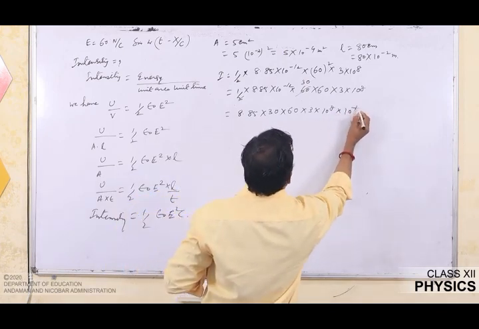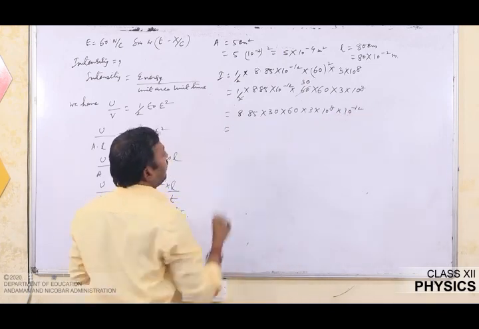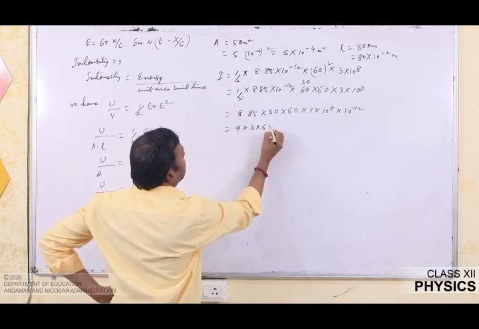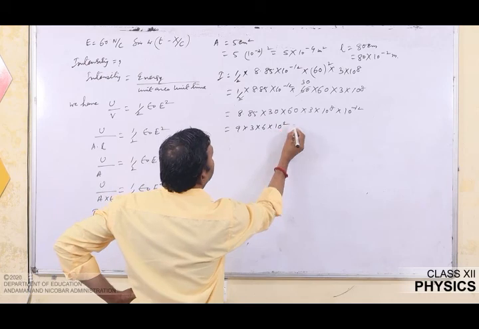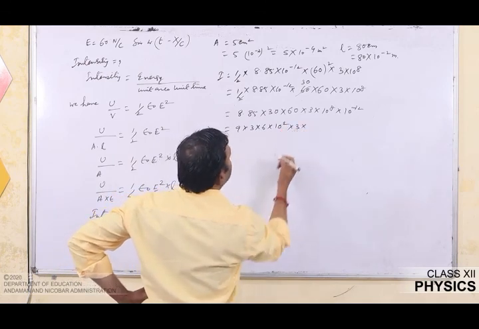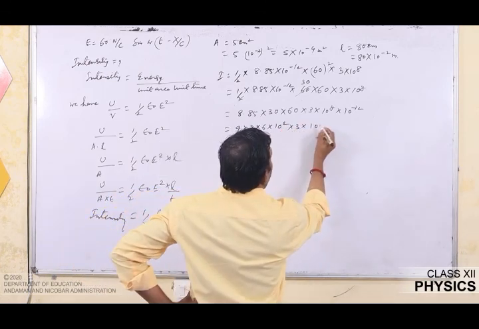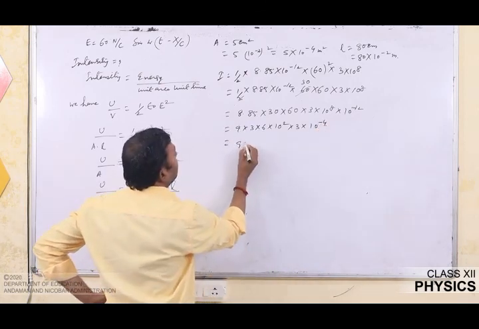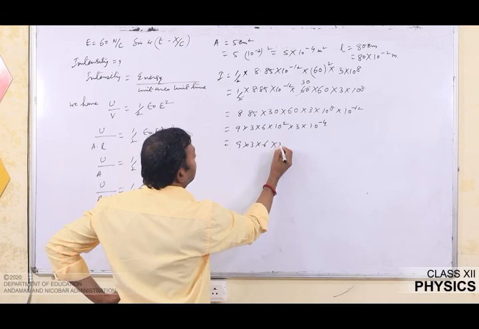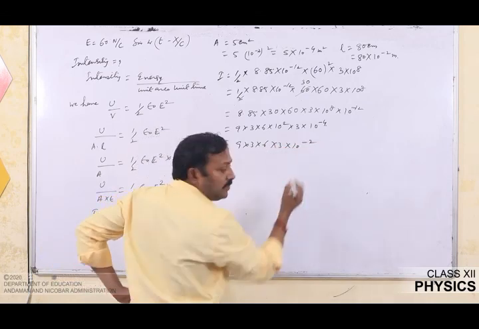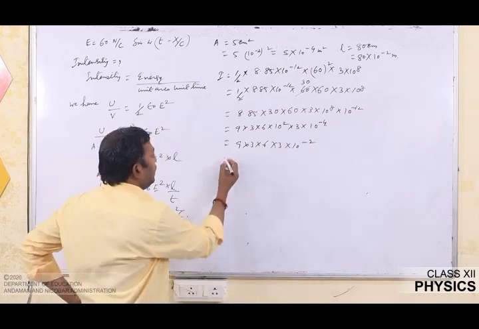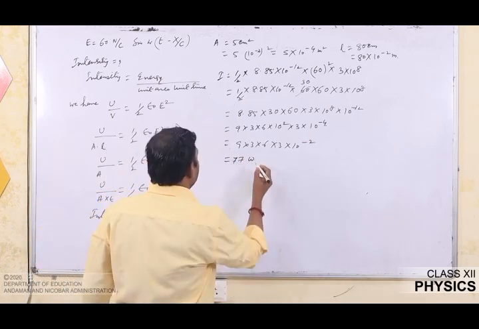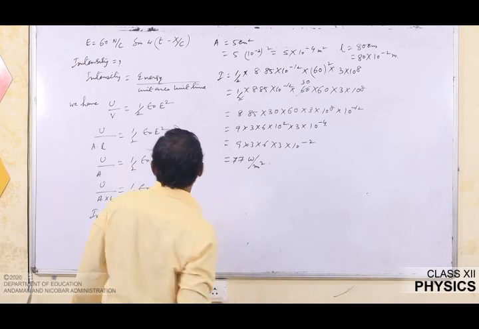Further, this can be approximated as 9 into 3 into 6 into 10 to the power 2 into 3 into 10 to the power 8 minus 12, which is minus 4. So, this can be 9 into 3 into 6 into 3 into 10 to the power minus 2. Simplification of this gives 77 watt per meter square.